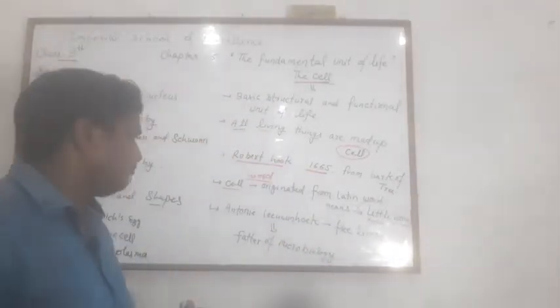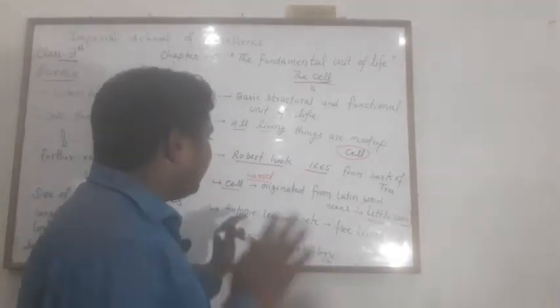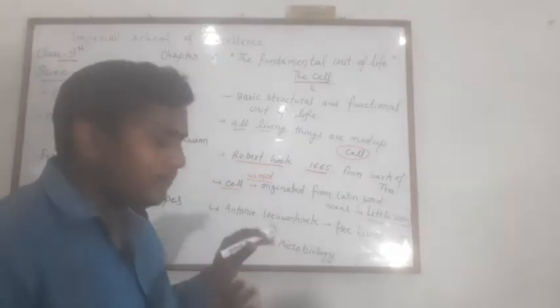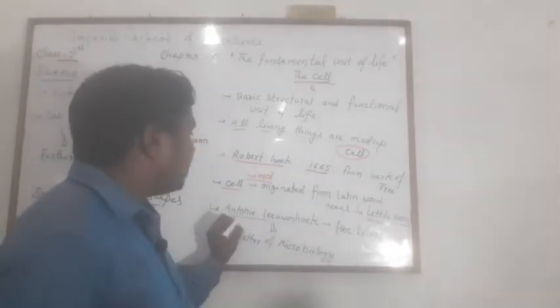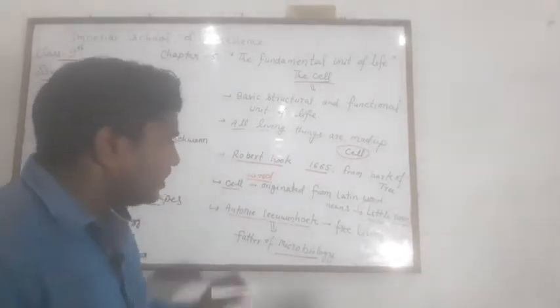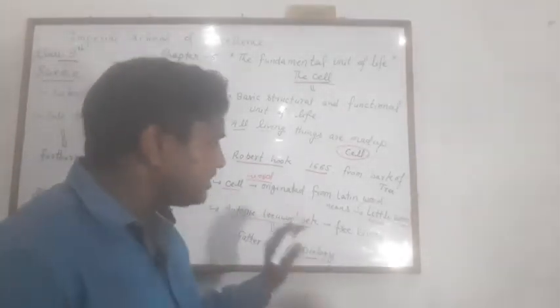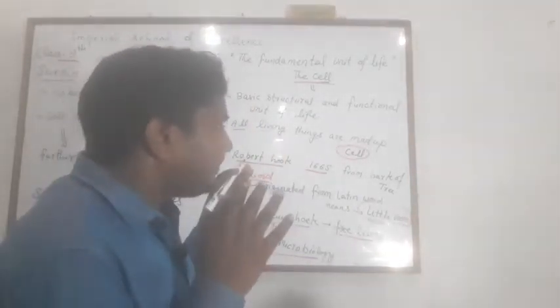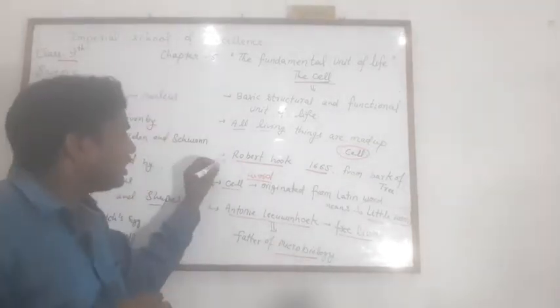Okay, next, Anton Leeuwenhoek, who is the father of microbiology, discovered the free living cell. He modified the compound microscope made by Robert Hooke.